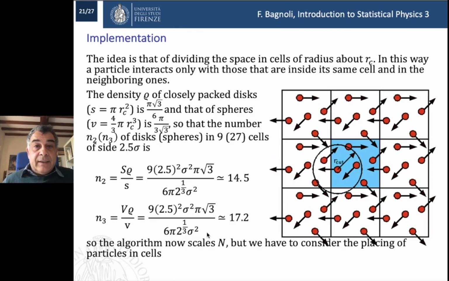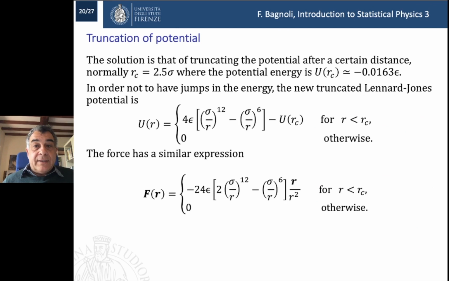So the solution is that of truncating the potential after a certain point, in order not to have it going to infinity. And in general, it is truncated at about 2.5 sigma or 3 sigma, where you can compute the value of the potential at this point. And so the idea is to rescale the potential in order to have it going to 0 without any jump.